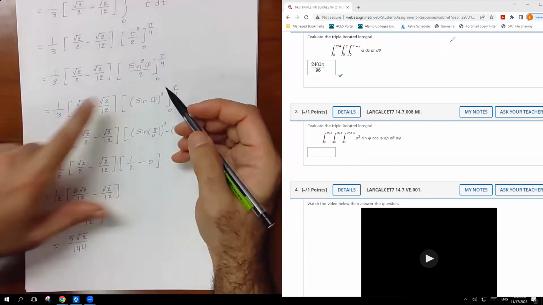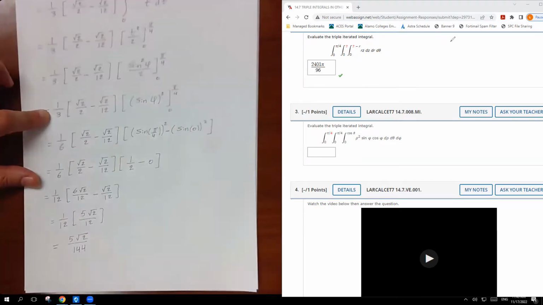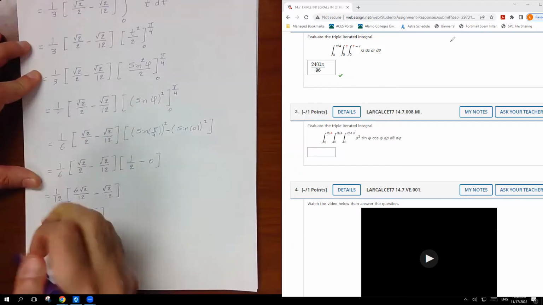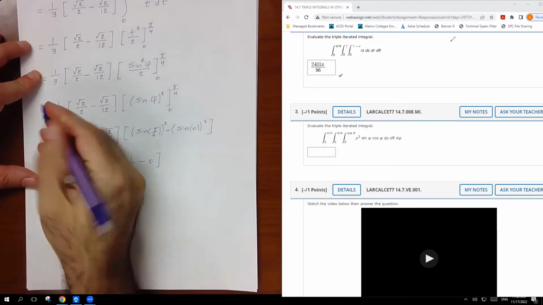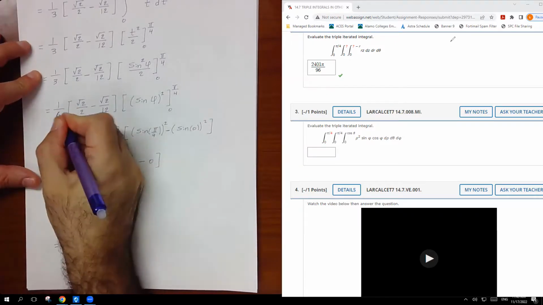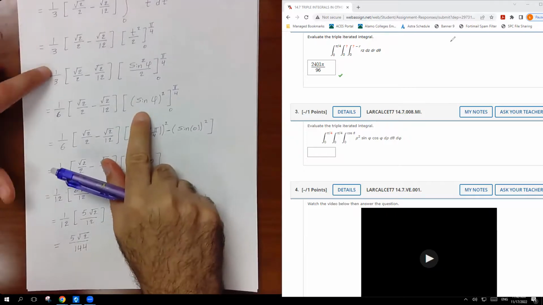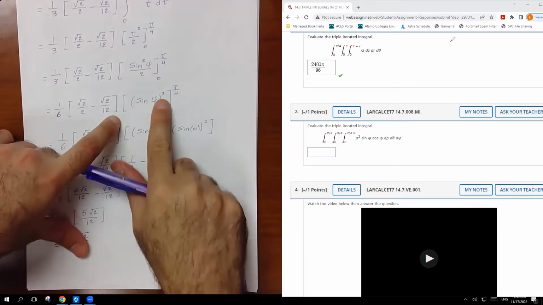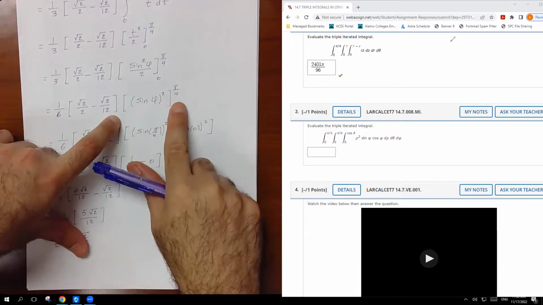So this number is supposed to be 6, because 1 over 2 times 1 over 3 is going to be 1 over 6. Sine gamma squared from 0 to pi over 4.